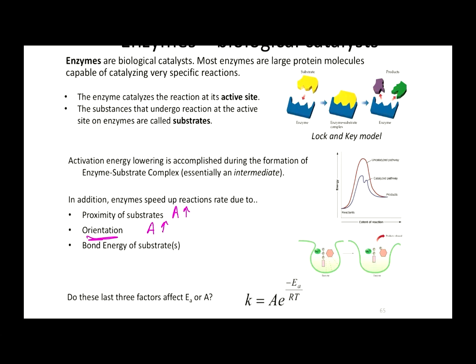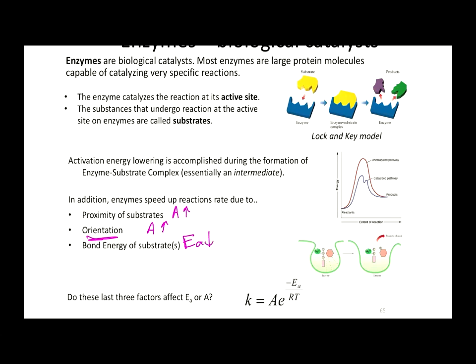All right, so enzymes will speed up a reaction because it also changes and weakens the bond energies, how strong bonds are in your substrate. So if you pre-weaken bonds, how do you affect the Arrhenius equation, do you think? Activation energy, yeah. So that's how an enzyme speeds up a reaction. Pre-weakens the bonds, it actually lowers the activation energy.